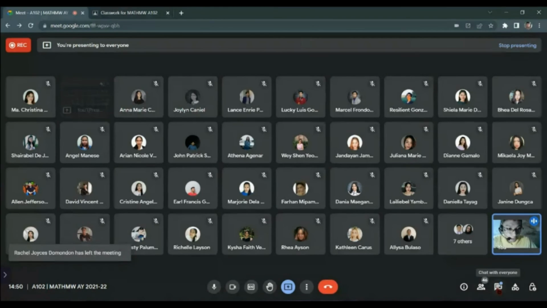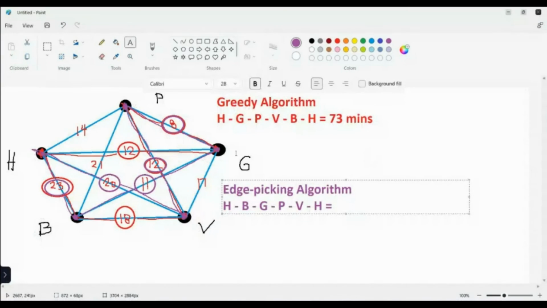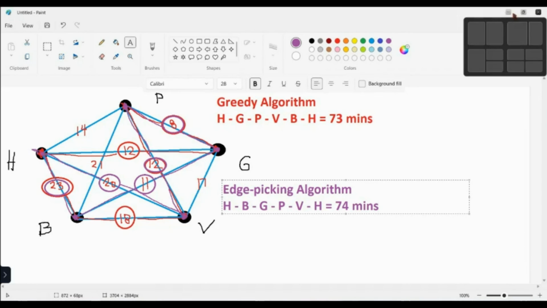Total driving time is, so we have 20 here, 31, 51, 51 plus 23. We have 74 minutes.